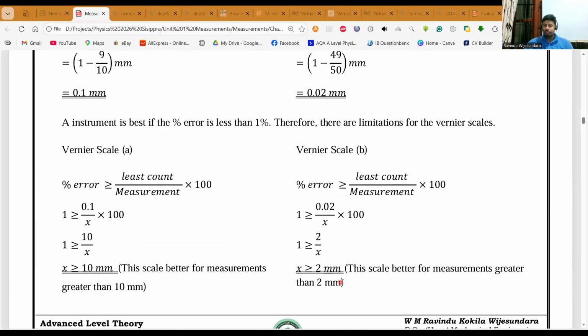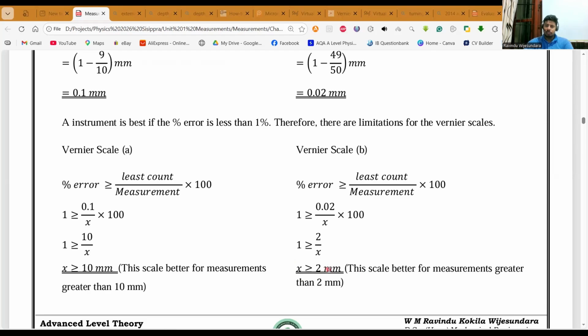So this scale is better for measurements greater than 2 millimeters. You can take any measurement greater than 2 millimeters with a percentage error less than 1%. That means you can measure 2, 3, 4, 5, any millimeters with this one.